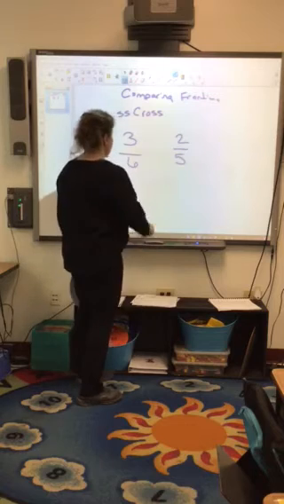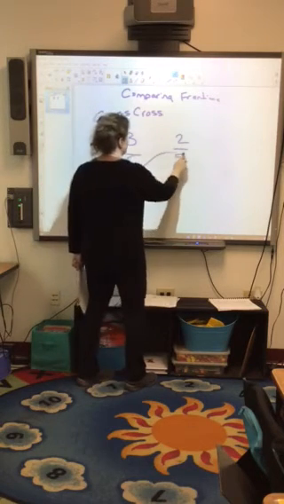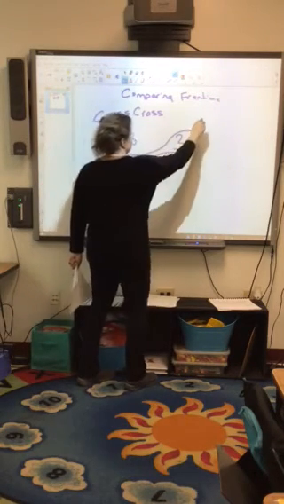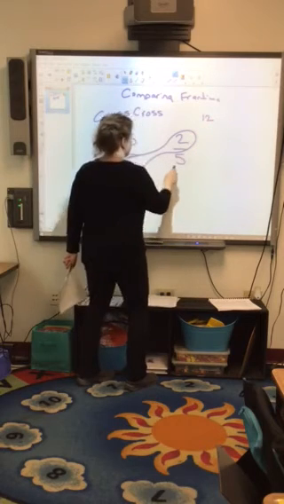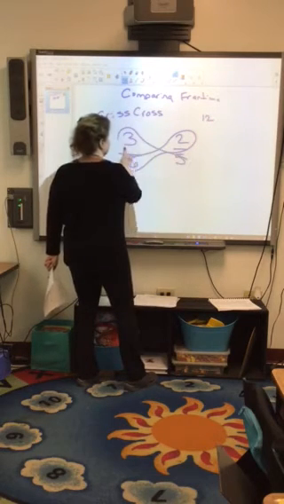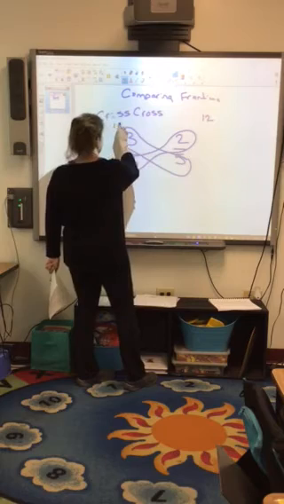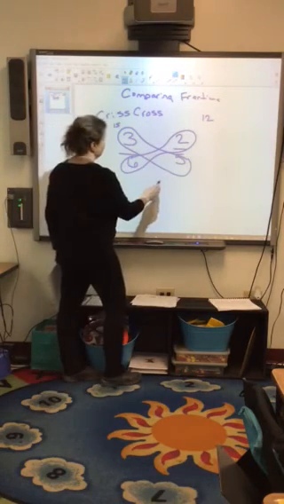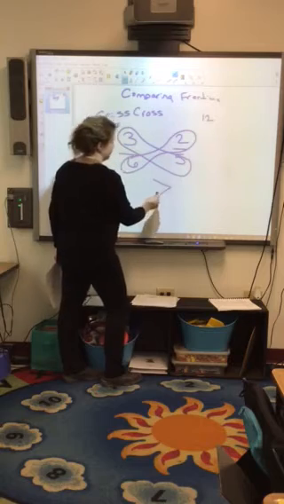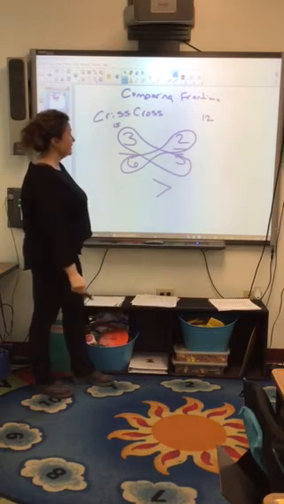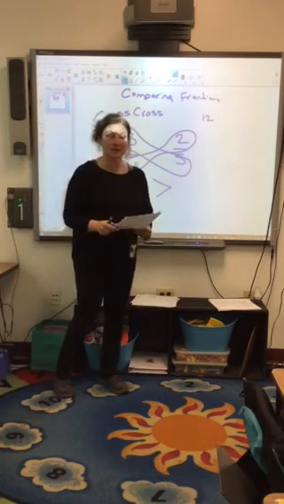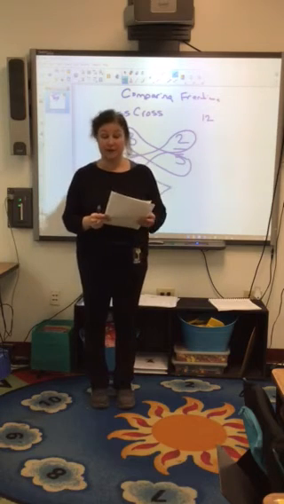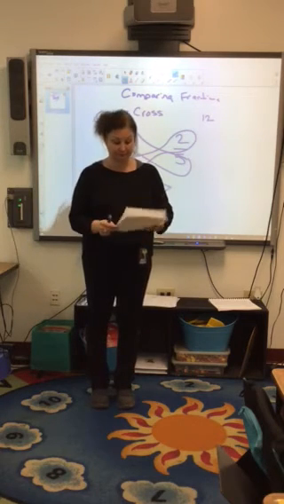So I'm going to look at 6 and 2, and I get 12, and 5 and 3, and I get 15. 15 is greater than 12. So 3/6 is greater than 2/5, and that's crisscross. We should always check our fractions when we're comparing with crisscross.